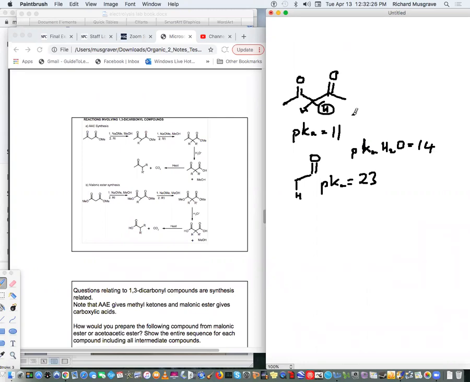Now the reason for that is because when you lose one of these hydrogens, you end up with an anion, and that anion is stabilized by not one, but two carbonyl groups. So there's lots of different possibilities for resonance of this negative charge between two oxygens here, thus making this hydrogen much more acidic. I'll draw a couple of those.